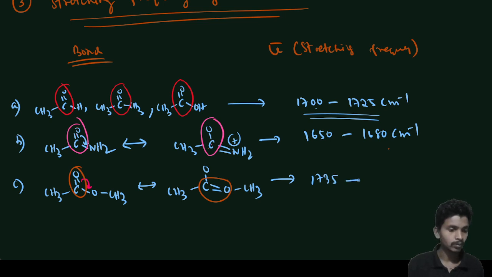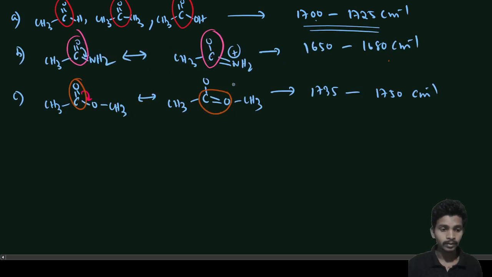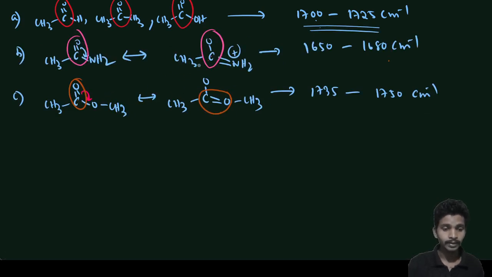This value will be 735 to 750 centimeter inverse, not 750 to 780. Okay, this is the correct data. So this value will increase from this value, because in both cases after resonance also the C=O bond remains intact.